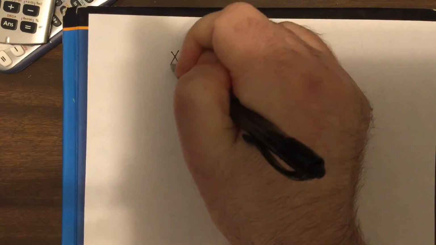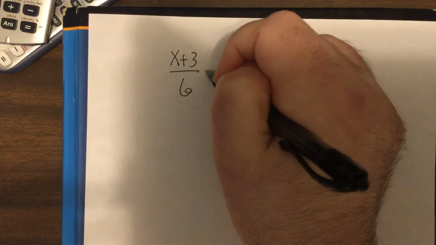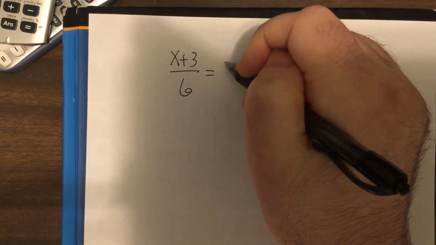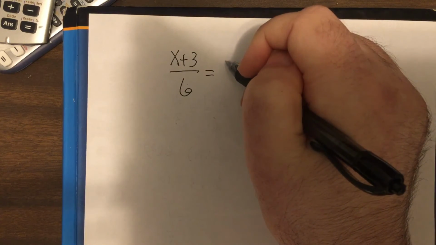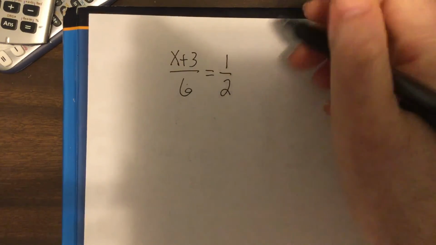Try 3 for me, please. Do x plus 3 over 6 equals 1/2.